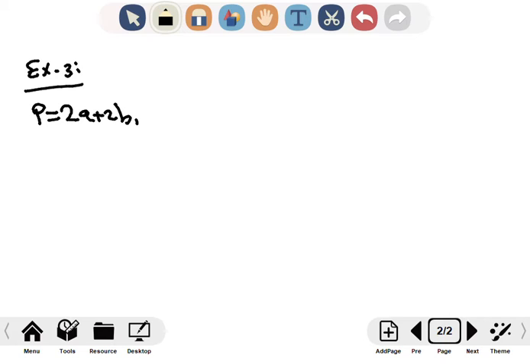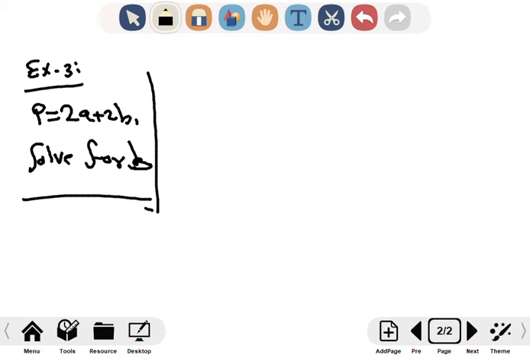Solve the equation for B. What does this mean? I will take my equation and do my steps. At the end, I should have B equals something, because the question wants the value of B.